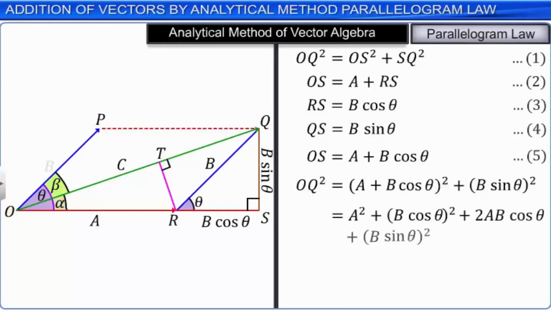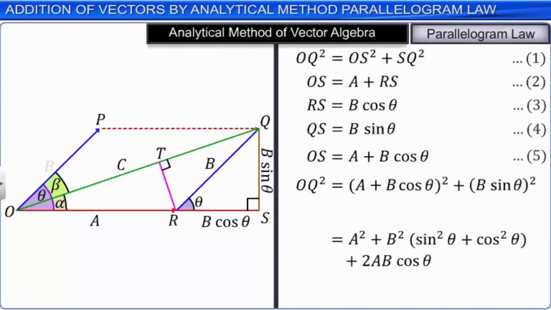C square is equal to A square plus B square plus 2AB cos theta. C is equal to square root of A square plus B square plus 2AB cos theta. Let this be equation 6.